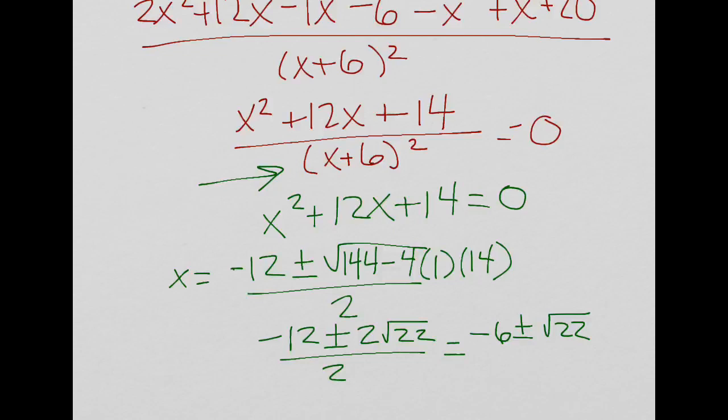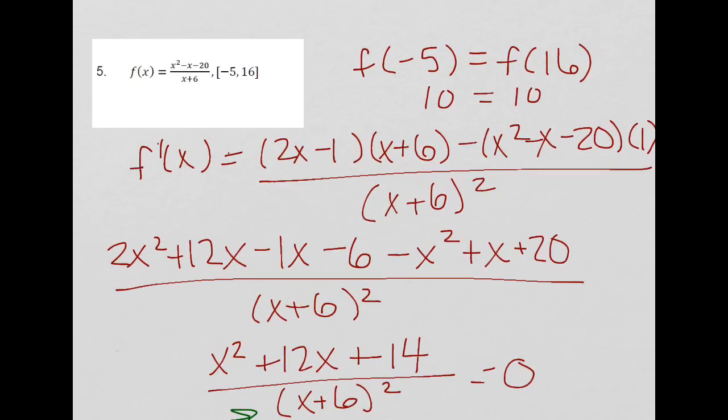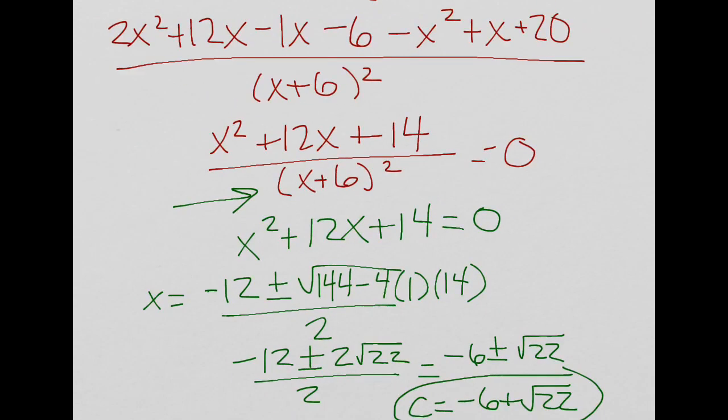So negative 6 plus 4 would give me a negative 1 something. Negative 6 minus square root of 22 is going to hit me back at negative 10, which is outside my interval. So I was actually looking for when c equals negative 6 plus the square root of 22. And again, you probably hate these because it's everything basically in math that you probably disliked. But it is a good problem to maybe watch the video on.